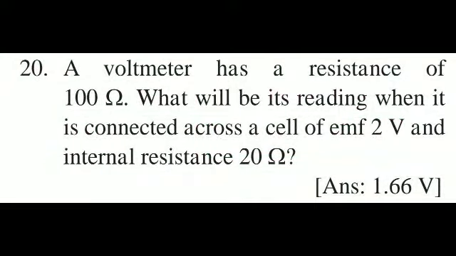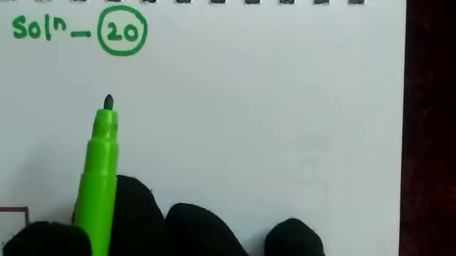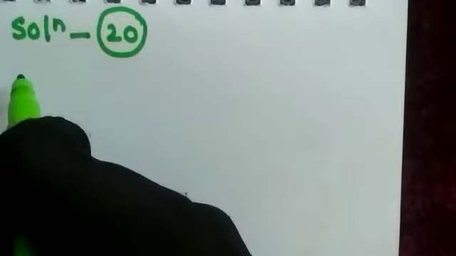Now numerical number 20. A voltmeter has resistance of 100 ohm. What will be its reading when it is connected across a cell of EMF 2 volt and internal resistance 20 ohm? Let's have a solution of numerical number 20. That is the last numerical from your textbook. So here let's start writing the data.